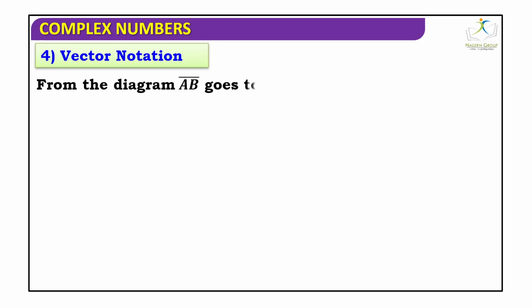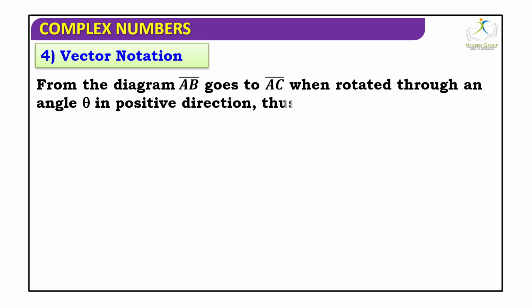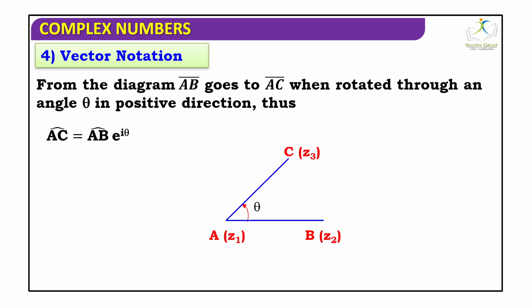Now vector notation from the diagram: if magnitude of AB goes to magnitude of AC when rotated through an angle theta in the positive direction, we say this AB with the values Z1, Z2 and Z3. So if we rotate it with the angle theta, we say the unit vector of AC is equal to the AB unit vector times e^(iota theta). What is the formula of vector? Vector is equal to unit vector into the magnitude, right?